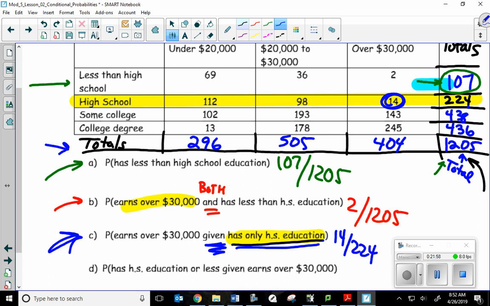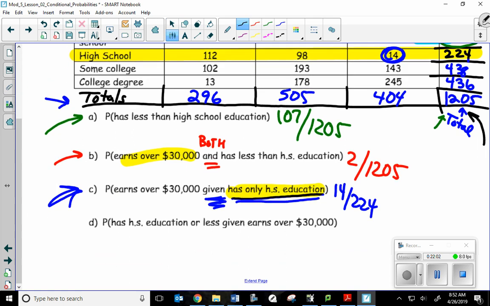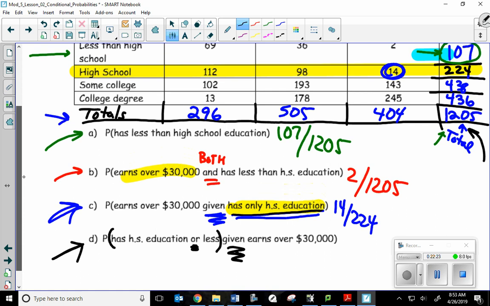And last, and certainly not least, D. Has a high school education or less given earns over $30,000.